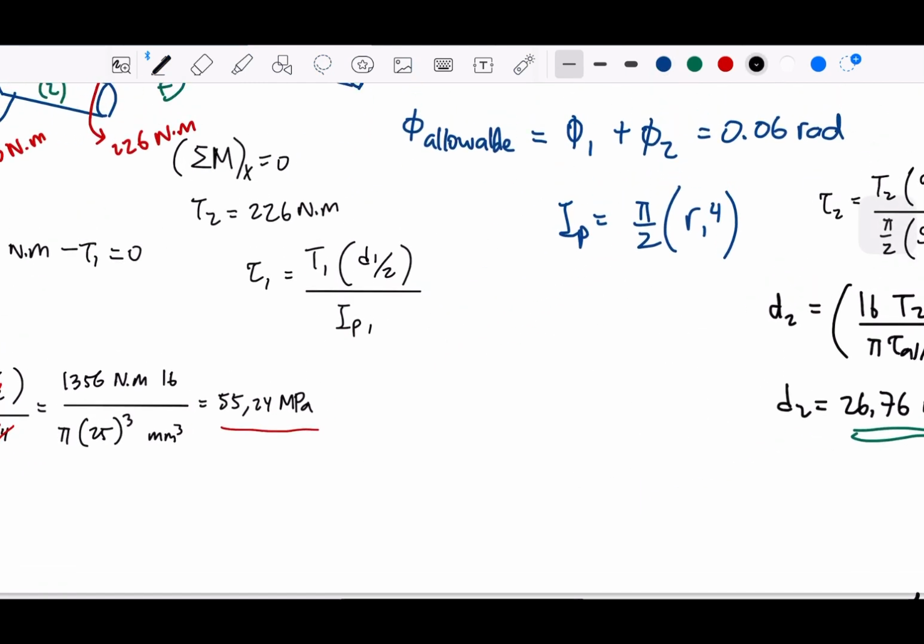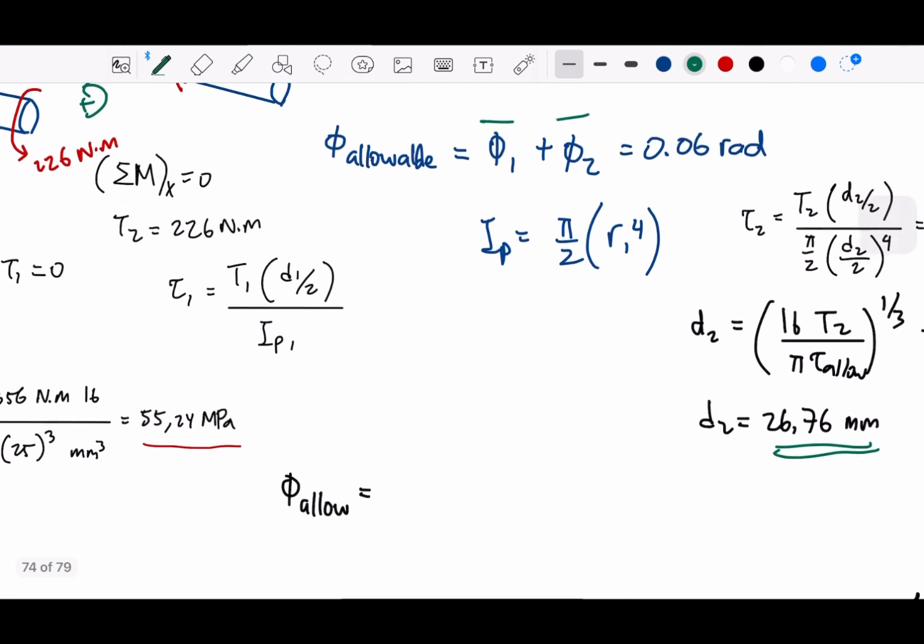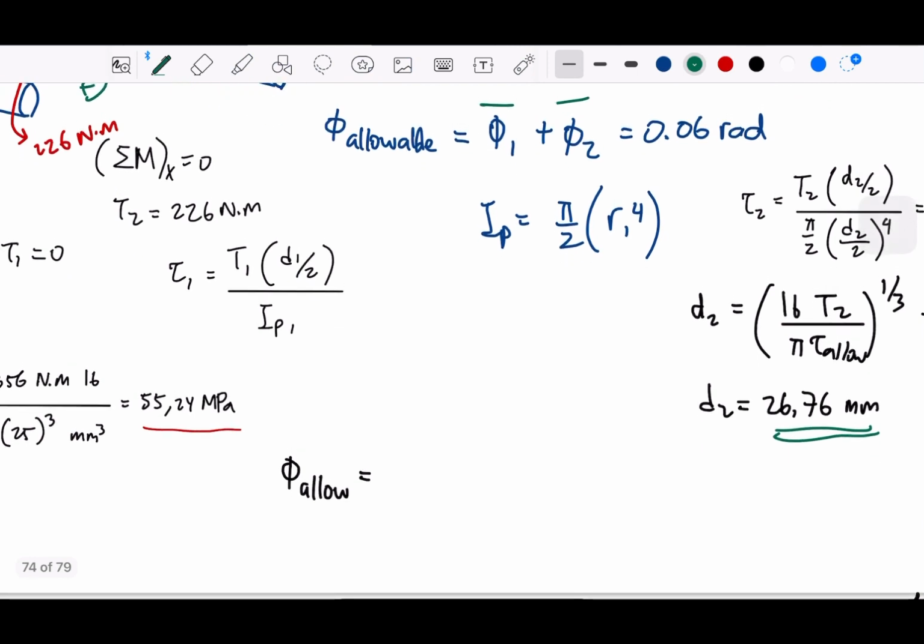We need to check the twisted angle. Okay, with the same formulations we get from this part. So twisted angle 1 plus twisted angle 2. And we break down the both formula.